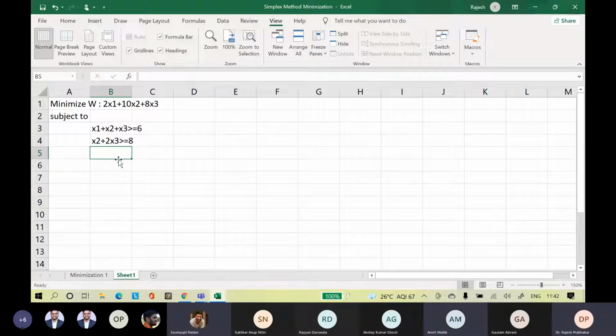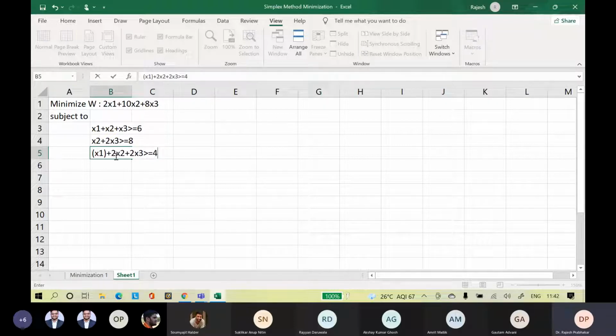Yeah, you have to put the negative sign in brackets, I think. Then x1 plus 2x2 plus 2x3 greater than or equal to 4, and x1, x2, x3 greater than or equal to 0.